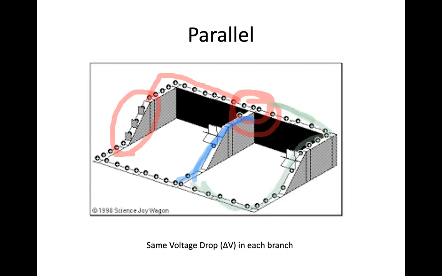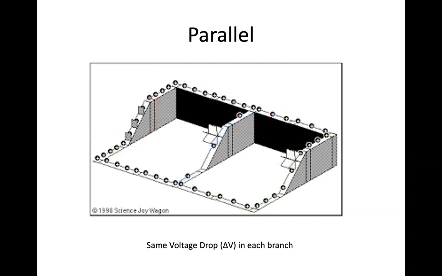So there's going to be different currents. There's a different amount of water flowing through here than is flowing through this middle branch, than is flowing through this branch. They all have different amounts of current. So it gets a little bit trickier.